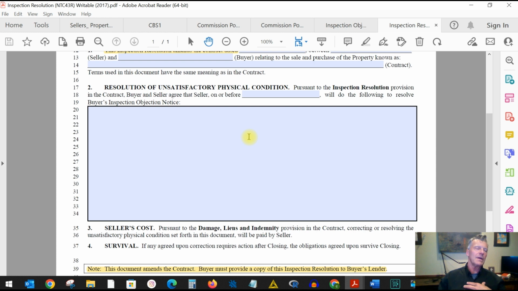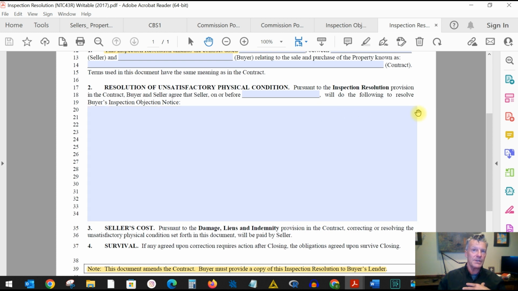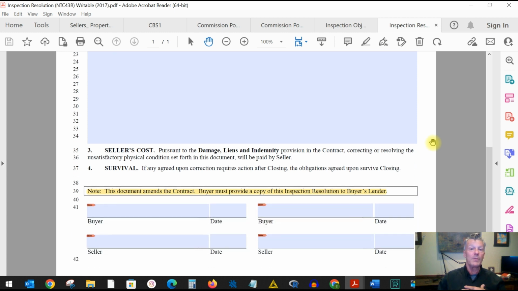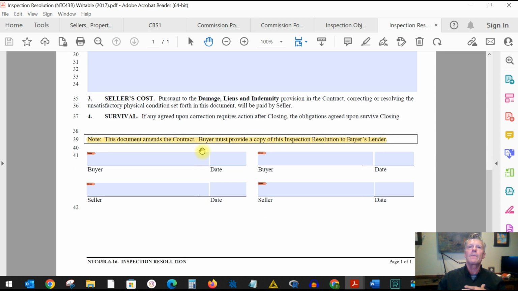You don't have to use big, fancy, fluffy legal language, but you want to spell out very specifically: seller will replace the horizontal supports on the rear deck with pressure-treated lumber 2x8s at the cost of X by such and such date, that sort of thing. Not legal advice, but that's really what you need to put in there. Be specific. This document amends the contract, and thus it's going to go to your lender.